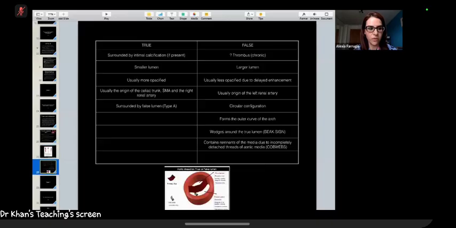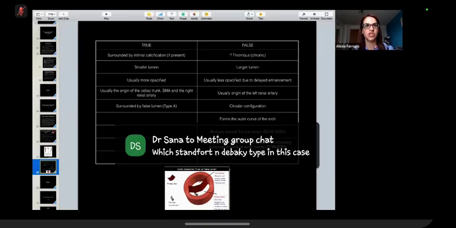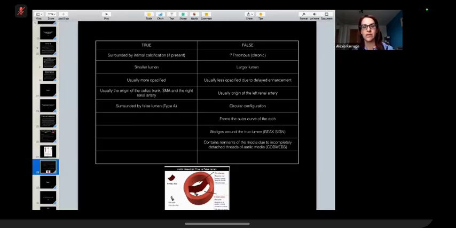So you did well with identifying the true lumen and the false lumen. It's important to identify each lumen and the abdominal vessels which arise from each. As we saw in this case, it was relevant because the accessory left renal artery was arising from the false lumen, and it was causing end organ ischemia, in this case of the left kidney.